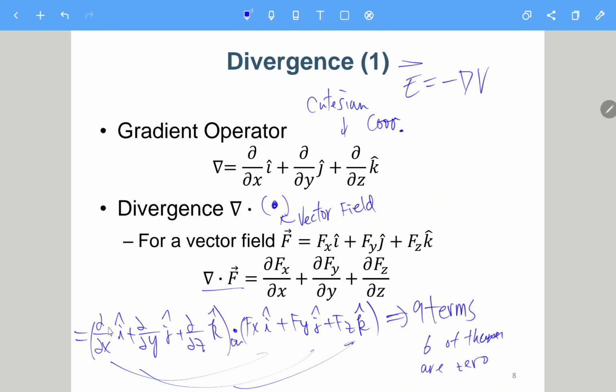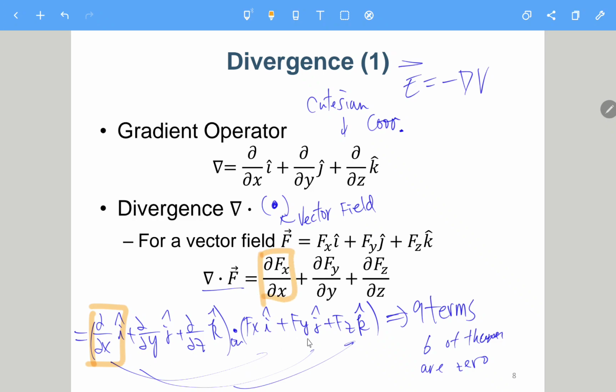Why? Because if we distribute this one dotted with the 3 terms, for the first one, partial x i hat dotted with Fx i hat, if you still remember, i hat dot i hat is 1. So the remaining thing is partial Fx partial x, which corresponds to this term.